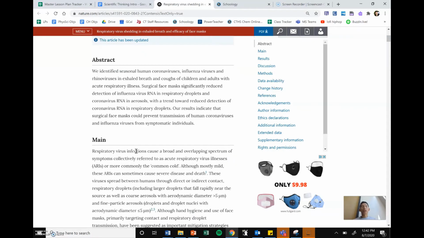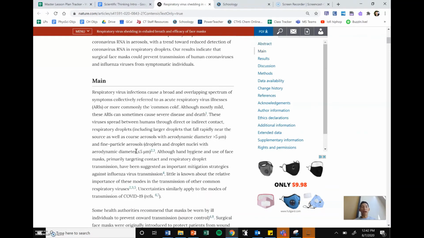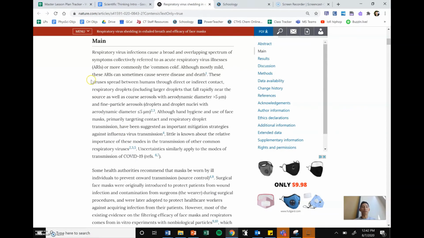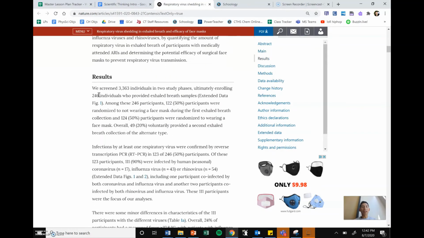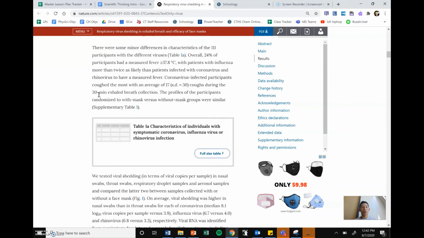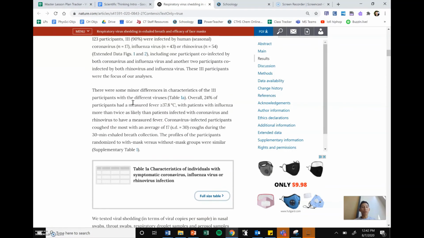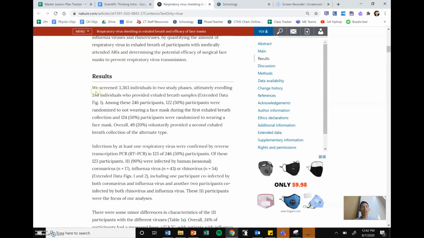Now, let's take a look at how you can tell whether or not this is a primary or secondary source. The key question is, did they conduct this research themselves? If you were to look at the article, and if you were to go down, let's just take a look at one of these tables. If you were to read through this, you would be able to see that they screened 3,363 individuals.